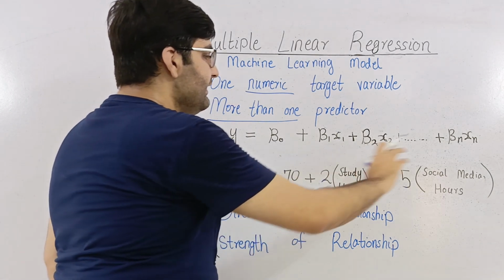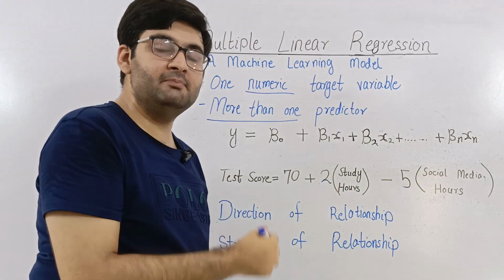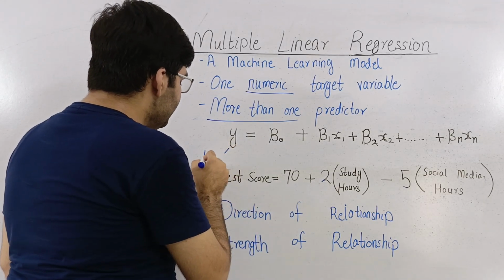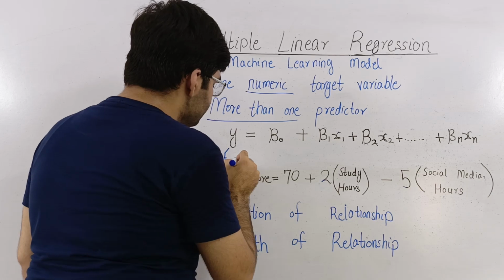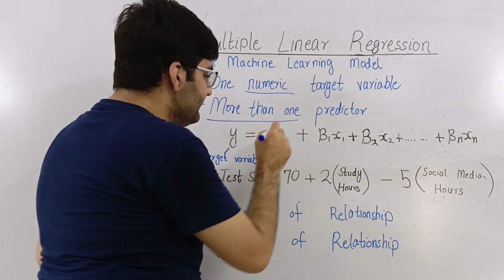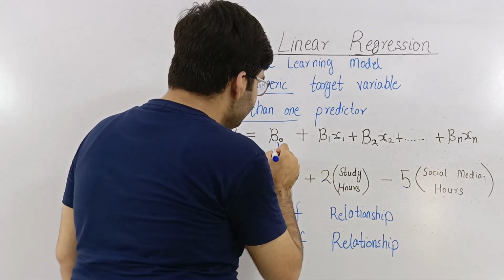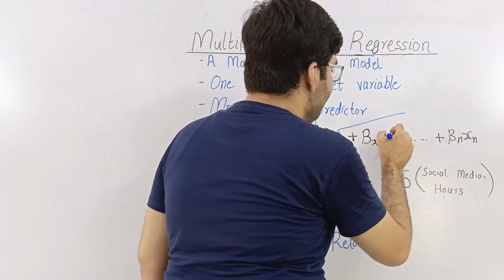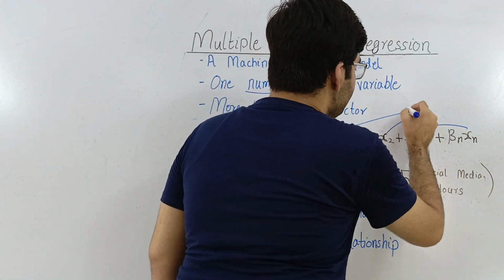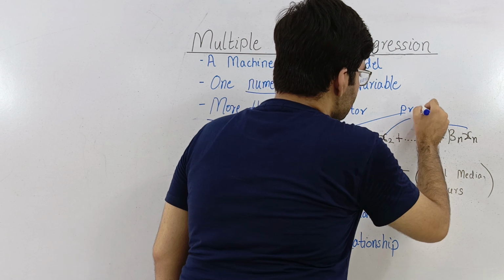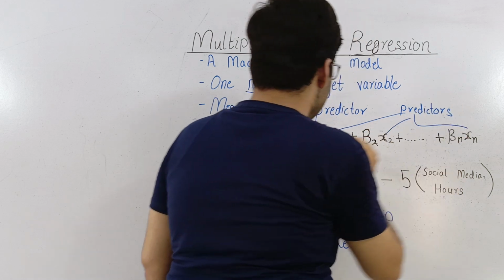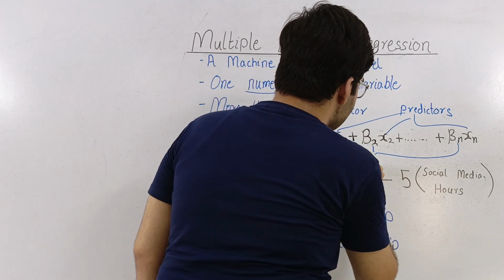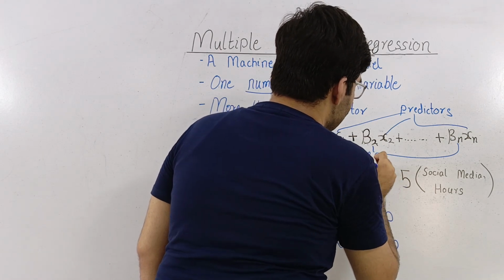This is the generic equation of multiple linear regression, where y is the target variable, beta 0 is called the intercept, x1 to xn are the predictor variables or predictors, and beta 1 to beta n are the coefficients.